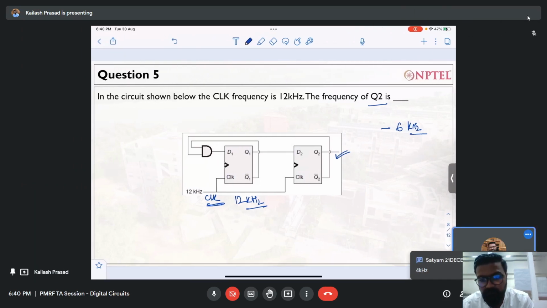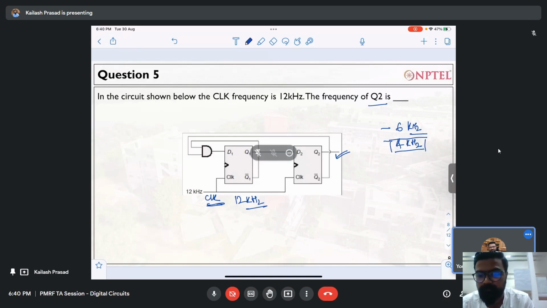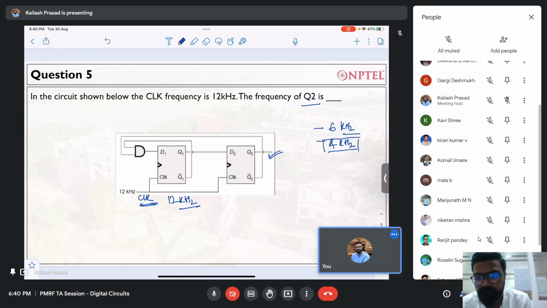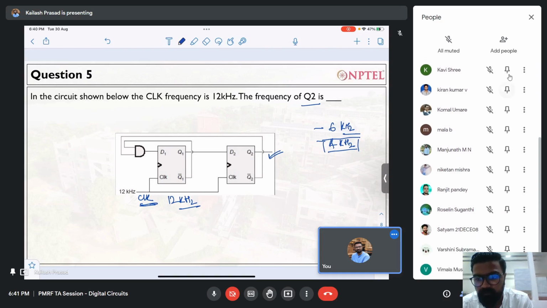Okay, so 4 kilohertz. Satyam has answered 4 kilohertz. So Satyam, can you unmute yourself and tell me why you say that it will be 4 kilohertz? Satyam? Okay, no.